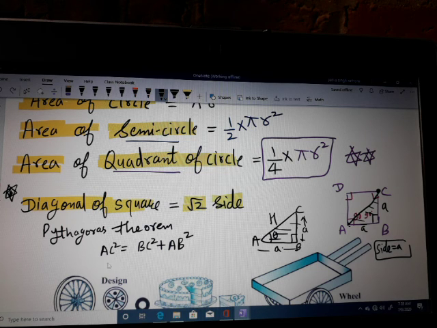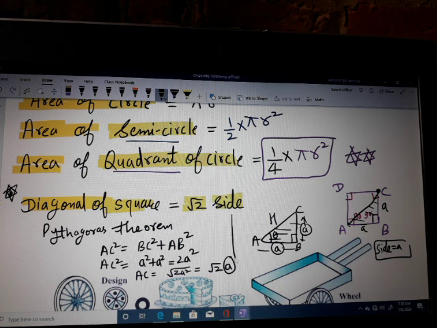BC is equal to a, AB is equal to a. Putting the values, a square plus a square, you will get 2a square. If you take the root on both sides, AC equals root of 2a square, that is root 2 into a, where a is the side of the square.